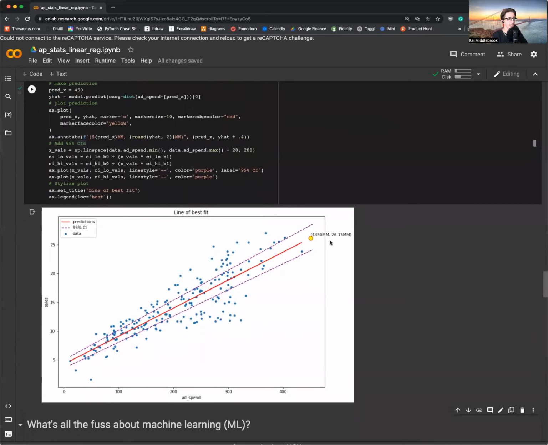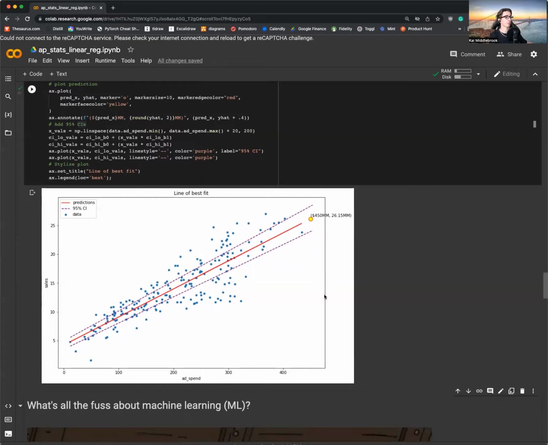Cool. And then taking a look at our predicted point, we see that if Apple spends 450 million, they can expect to sell approximately 26.15 million iPhone units. So pretty cool.